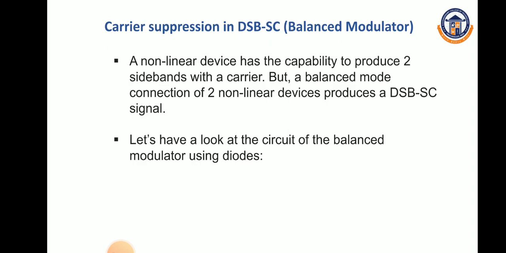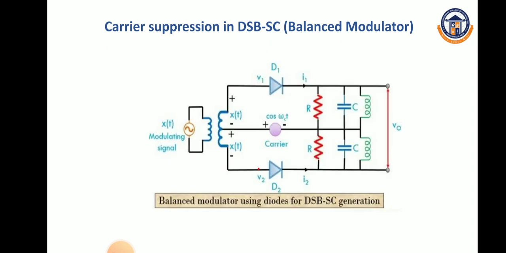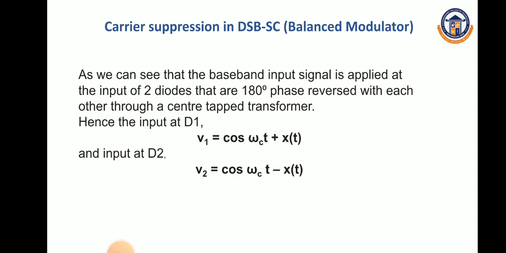So let's have a look at the circuit of the balance modulator. Here we have the two diodes and the carrier signal, the input of the modulating signal, and the resistance, capacitance. The output is V0, and V1 and V2 are the divided inputs.